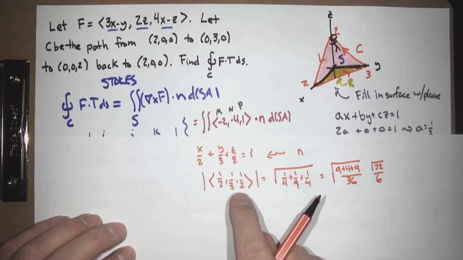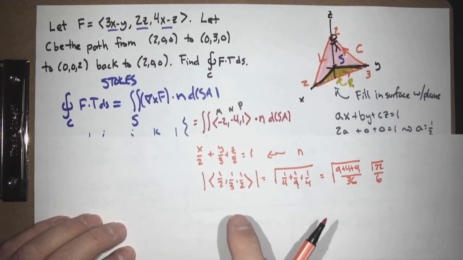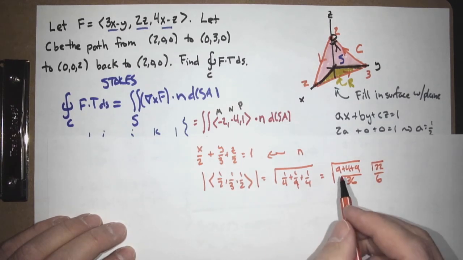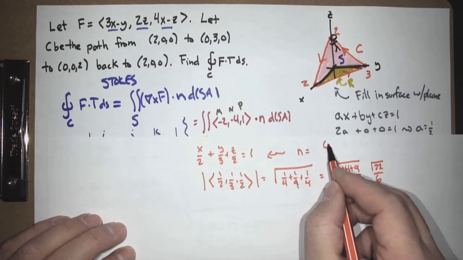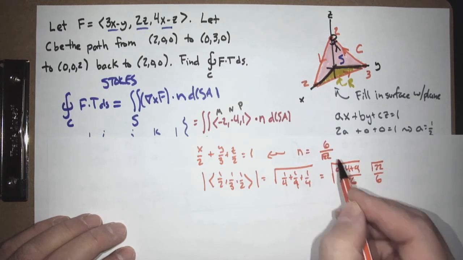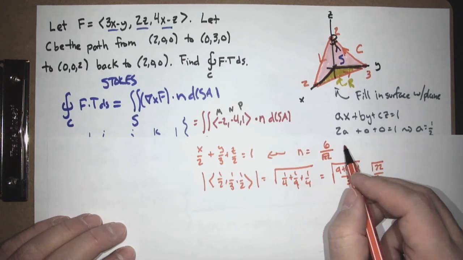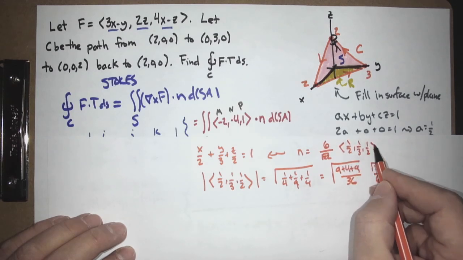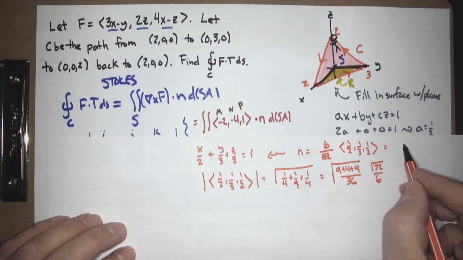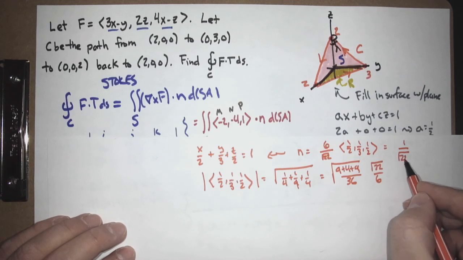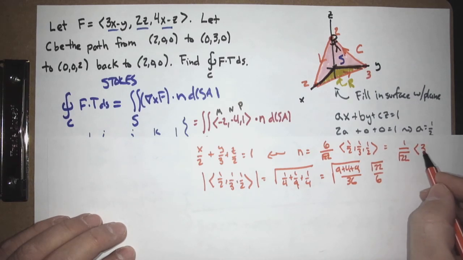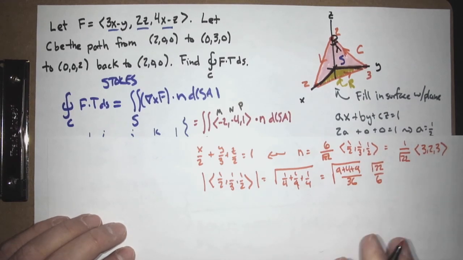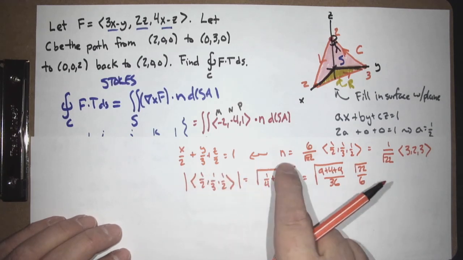Now, that's the length. So what do we want to do? We want to say that our n is 1 over the length, 6 over the square root of 22, times this vector 1/2, 1/3, 1/2. If you multiply the 6 through, you get 1 over square root of 22 times (3, 2, 3). Okay, so that's n.